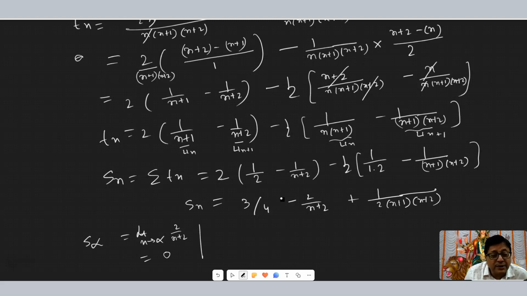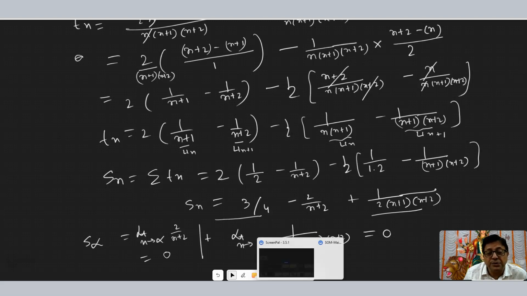And the first part, 3 by 4, will remain. This one, if we apply the limit, n tending to infinity, 1 by 2(n+1)(n+2), is also reducing to 0.